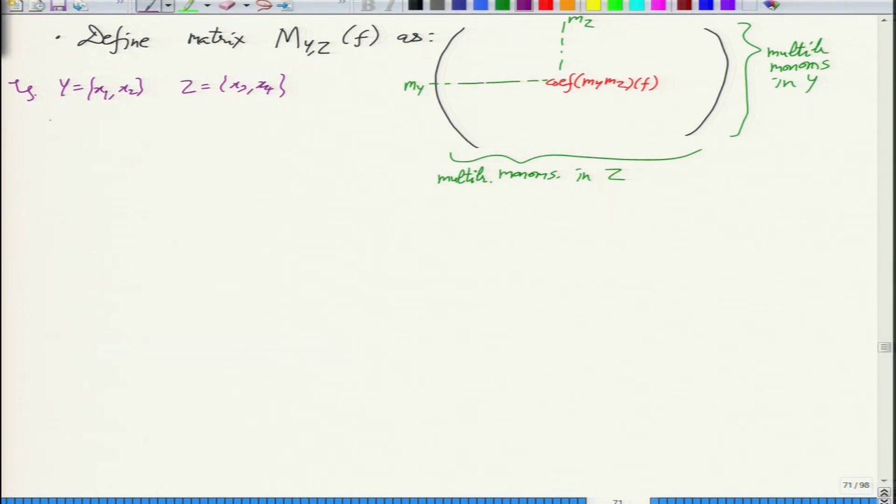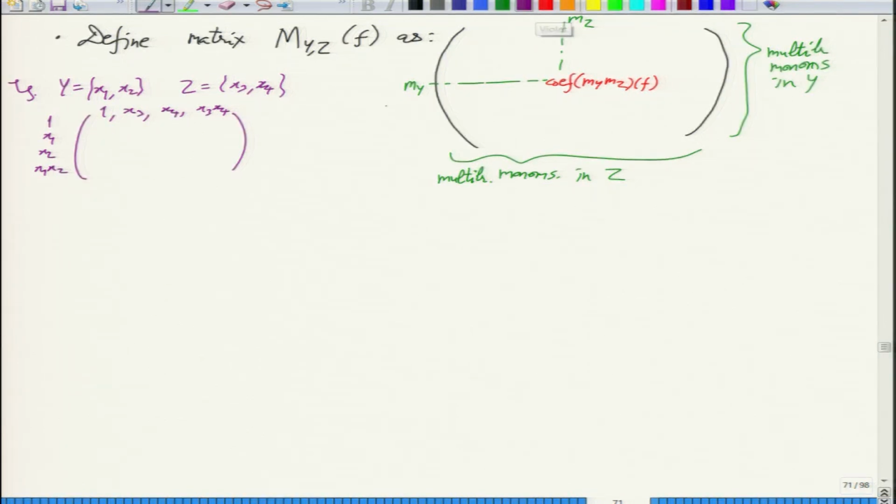Then you have here 1, x1, x2, x1x2, and there you have 1, x3, x4, x3x4. So it's a 4 by 4 matrix, and you don't have any other monomial possible. So you have 16 entries. In general, you will have that many.